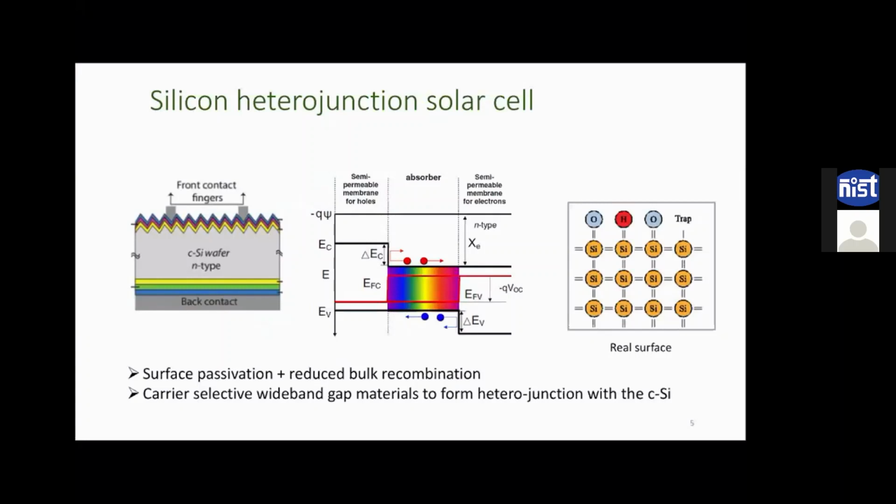Now, these requirements are not specific to amorphous silicon. If you want to form a heterojunction using any material other than amorphous silicon, the requirements remain the same.